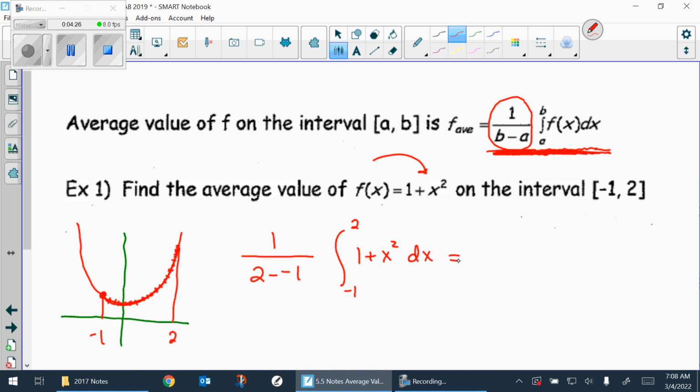I said you can use a calculator anytime you want. So let's try this. 1/3 times the integral from -1 to 2 of 1 plus x squared. I'm hoping you're doing this on your calculator with me. I get the value is 2.